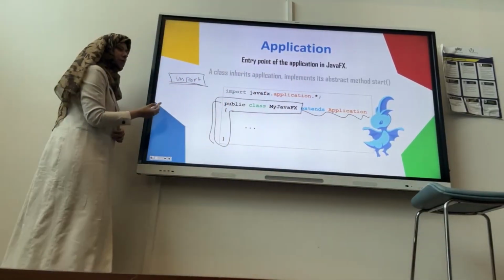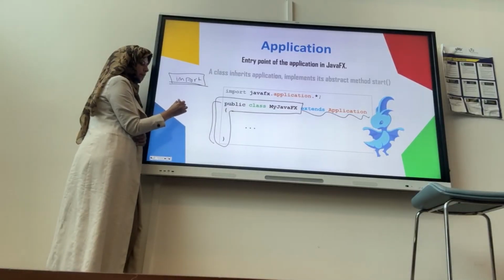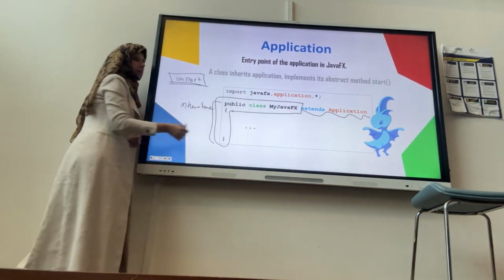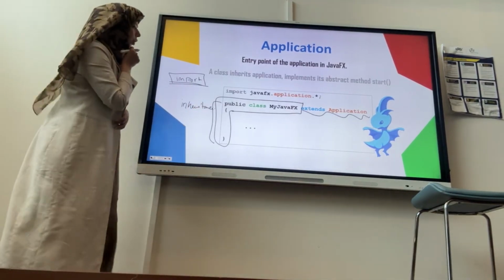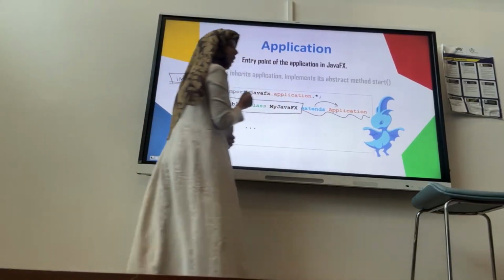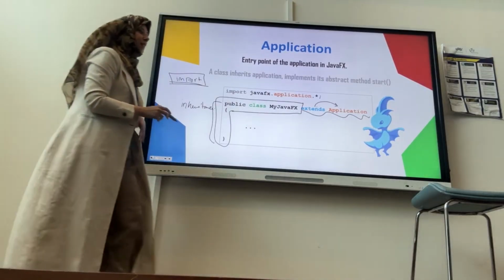Now that's an application of what? Inheritance, thank you. So that's an application of inheritance. But again, I'm extending here a class that's built in already in Java. I call it Application, capital A, pay attention.